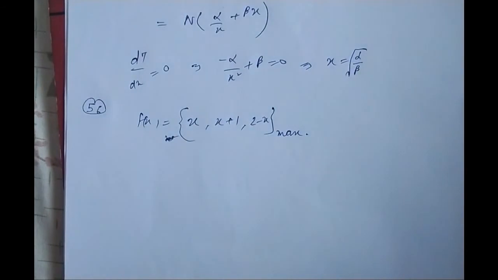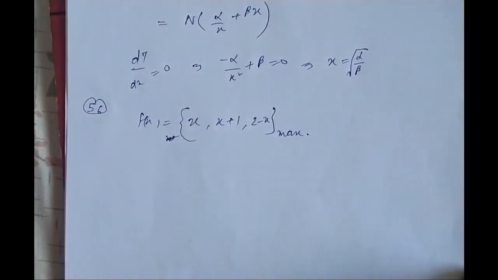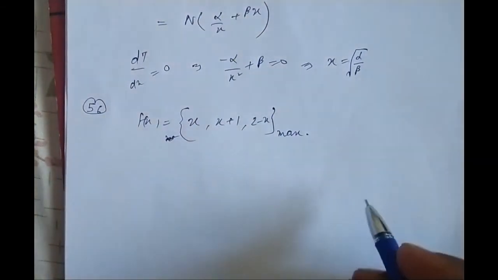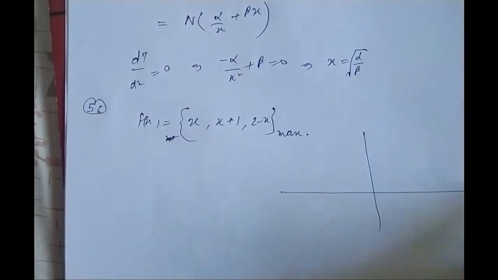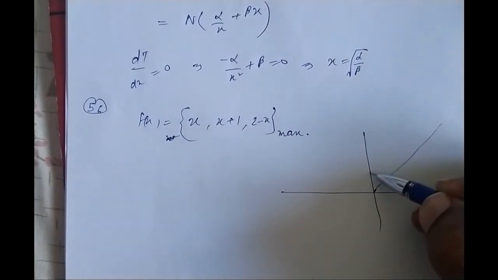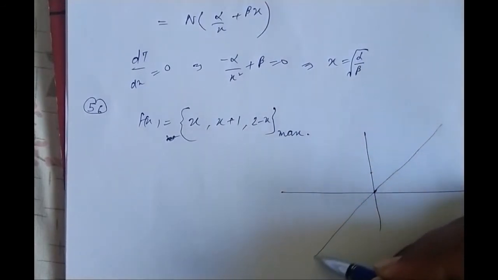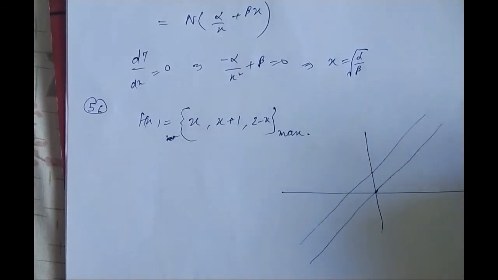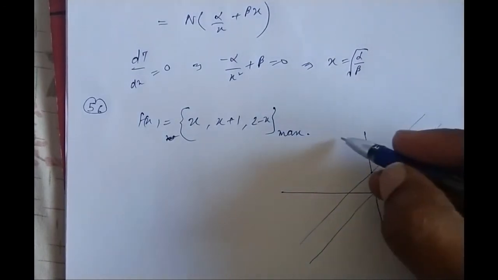Maximum of this. Okay, so obviously we need to draw the graph for this. So y is equal to x is this graph, y is equal to x plus 1 is this graph, and y is equal to 2 minus x is this one.